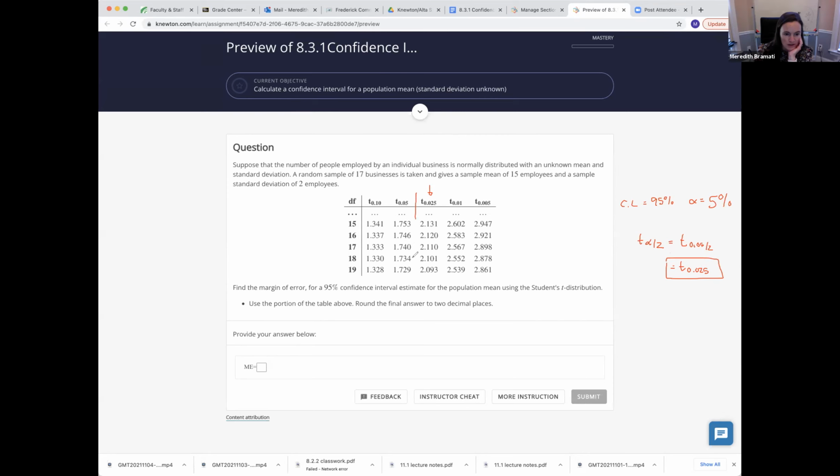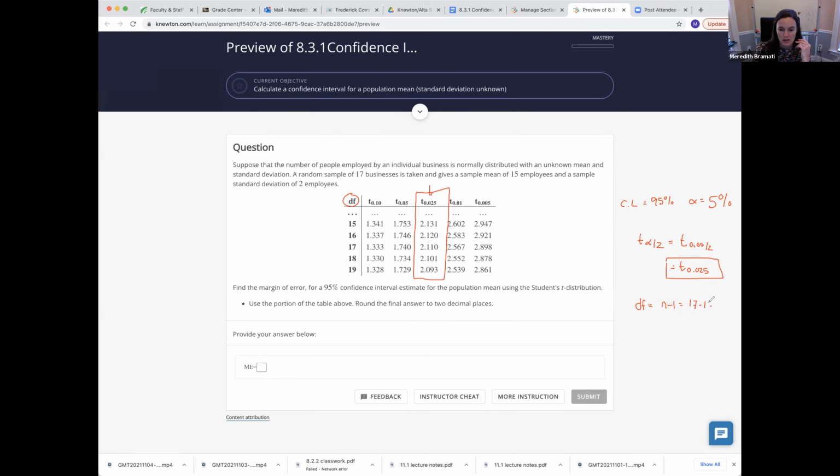Okay, so we have this whole column that I can look at, right? But now we have DF, which is degrees of freedom. Degrees of freedom is what? The n minus 1. N minus 1, exactly. And what is N in this case? 17.